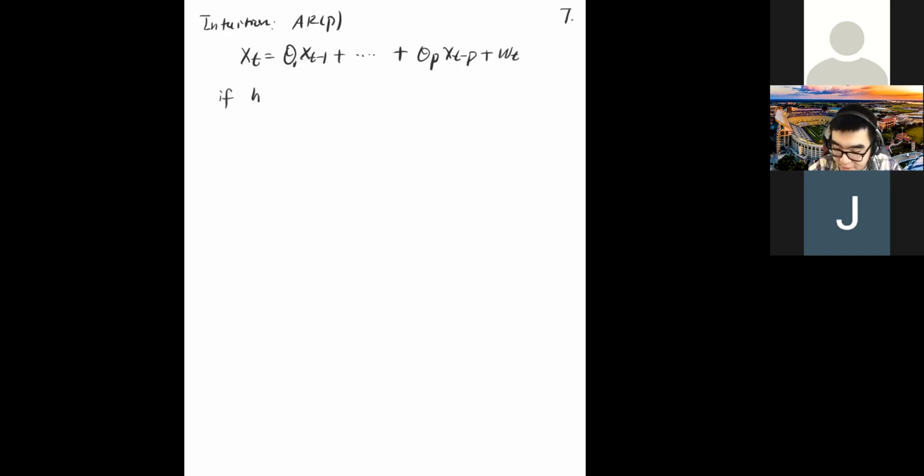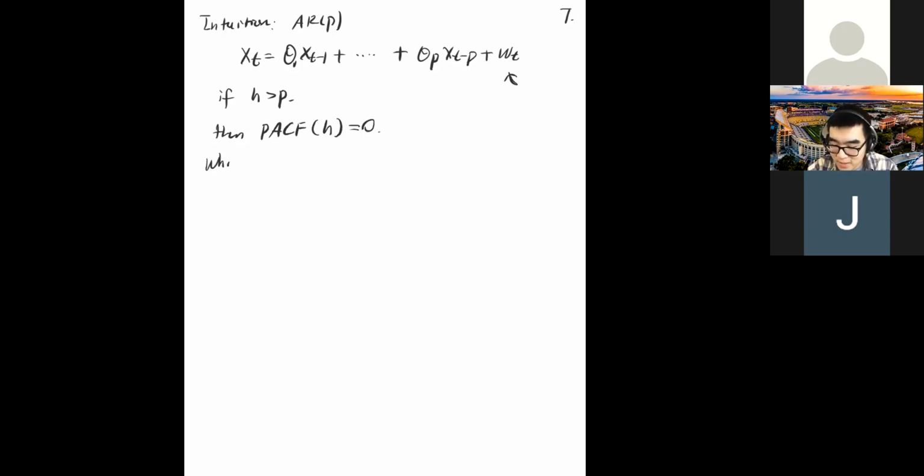If h is larger than p, then the PACF of order h is equal to 0. Why is this the case? Because if h is larger than p, then this variable xt minus h is not in this AR(p) model, so it's not in this regression model. Since it's not in this regression model, its coefficient should be equal to 0, right?